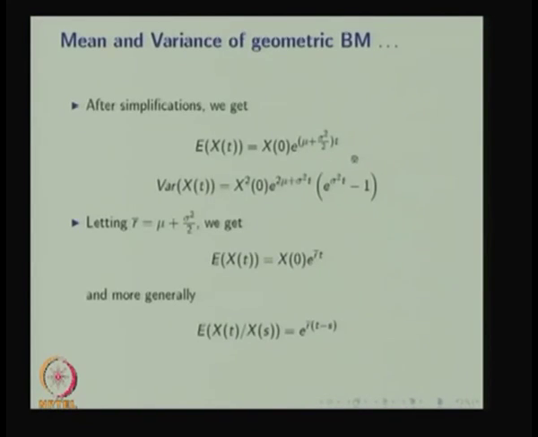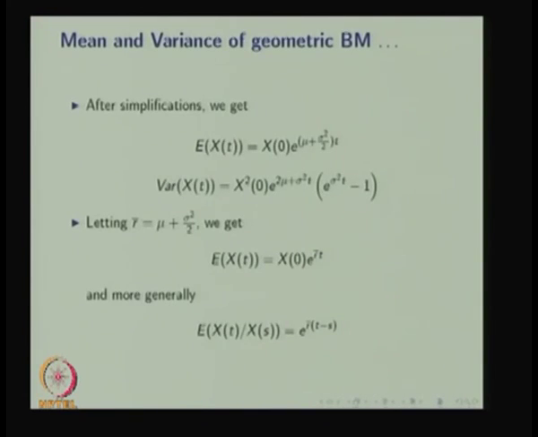And first we can get the expectation of the second order moment about the origin, then the variance is equal to the expectation of x square t minus the expectation of xt whole square. Then you can get the variance of xt, which is of the form x naught whole square e power 2 mu plus sigma square t multiplied by e power sigma square t minus 1.